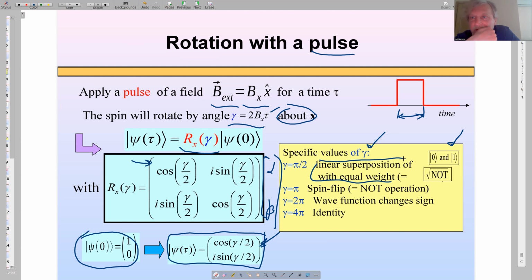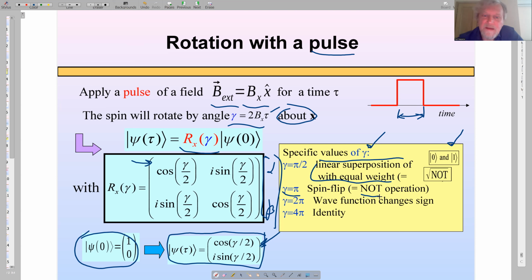If you rotate the spin by pi, we just make a spin flip. If we were at 1, we go to 0. If we were at 0, we are at 1. So it's a spin flip operation, which corresponds to the NOT operation, the negation operation in classical computers.